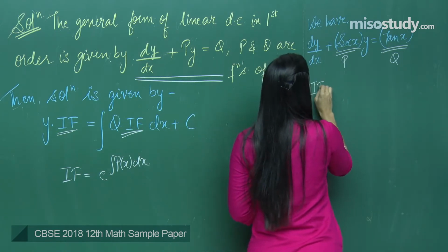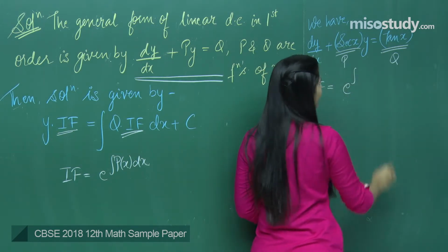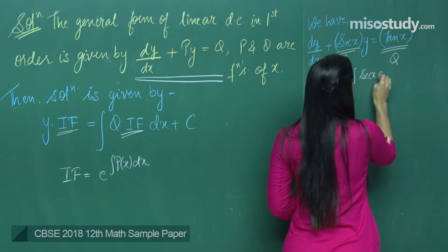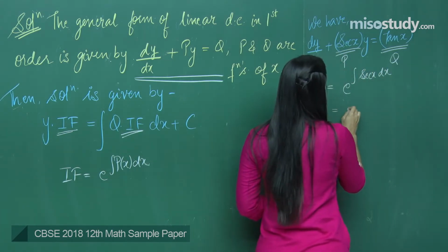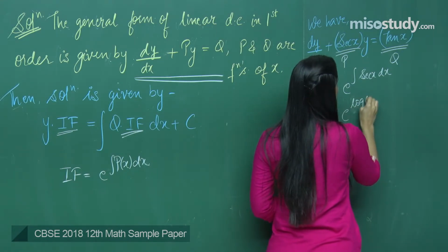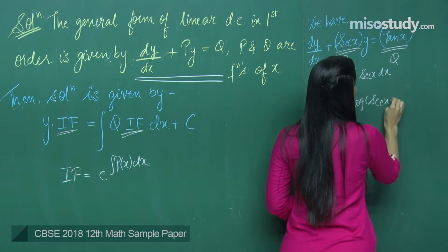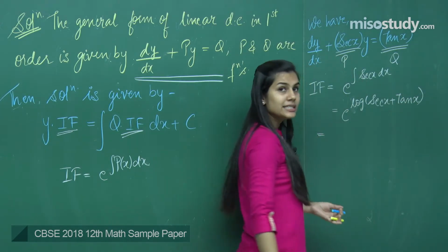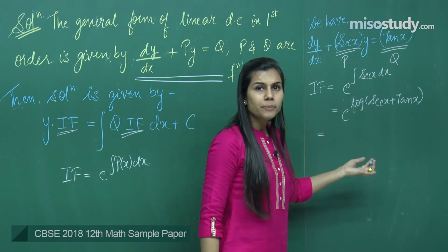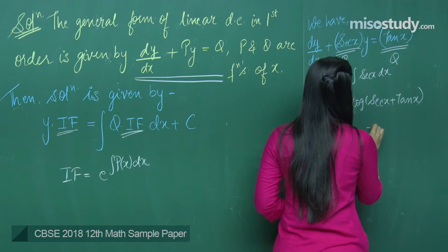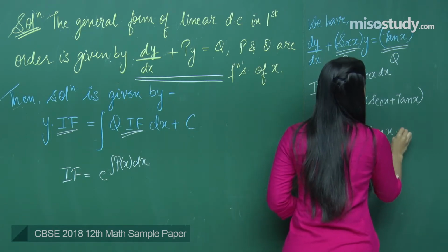Then my integrating factor is e to the power integration of p dx, that means sec x dx. And integration of sec x is log of sec x plus tan x. This means e to the power logarithm of sec x plus tan x gives you just sec x plus tan x.